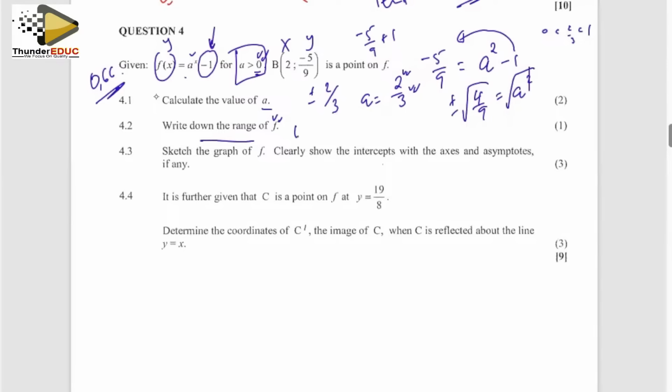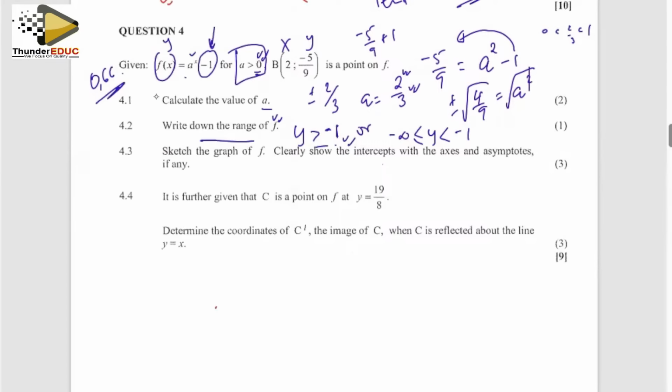It's not a big deal. y must be greater than negative 1. That must be our range. Or someone can say negative 1 is less than y, and you can put an equal sign there. So it's either this format or that format. This one is quicker and better.